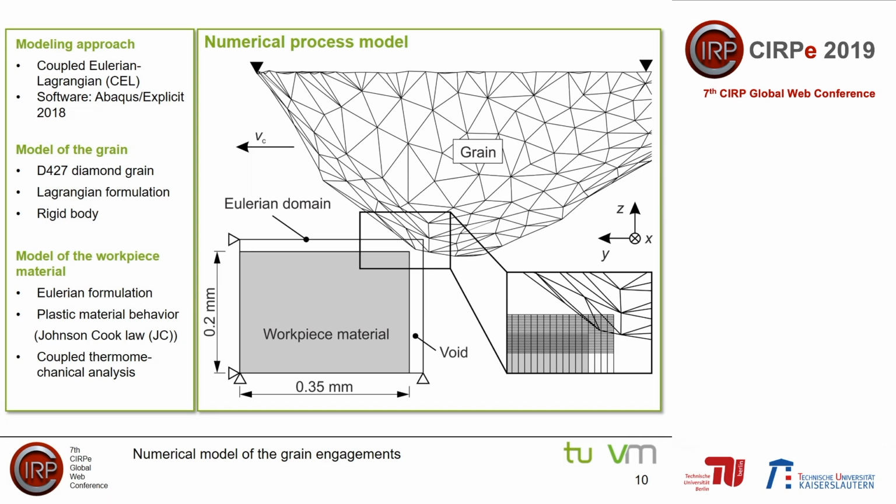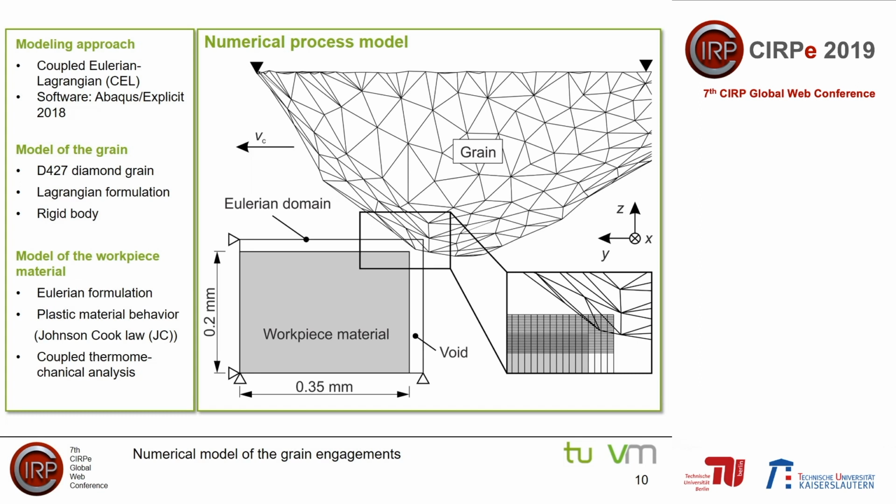As you can see in the illustration of the process model, the surrounding region of the grain engagement was discretized by a fine mesh, while distant parts of the Euler domain were meshed more coarsely in order to reduce computing time. The cutting motion was carried out by the grain and is based on the cutting speed used in the experiment.